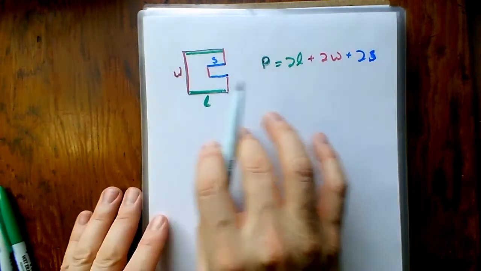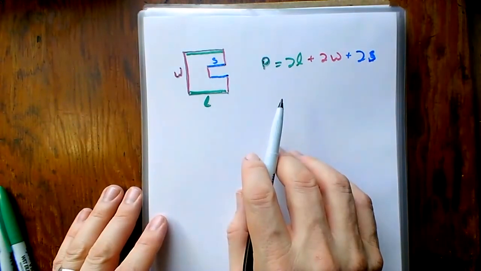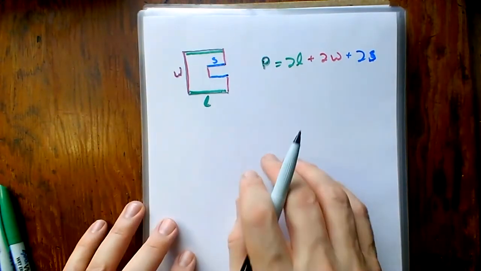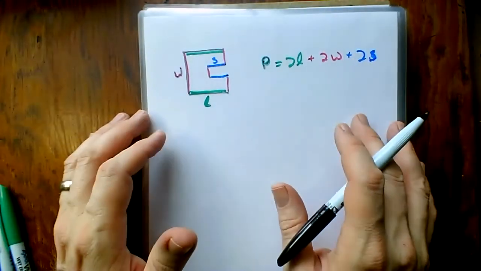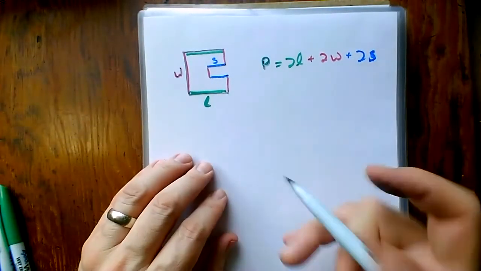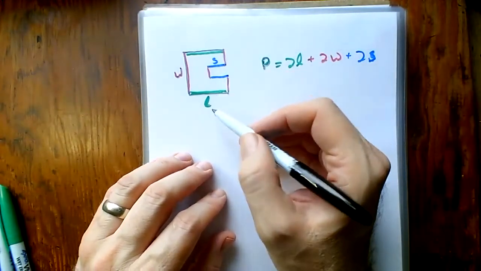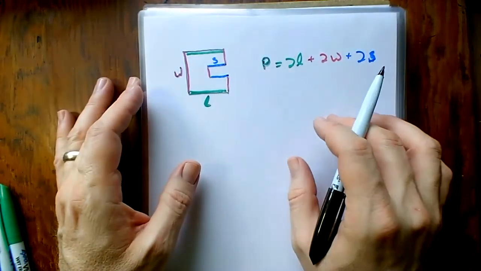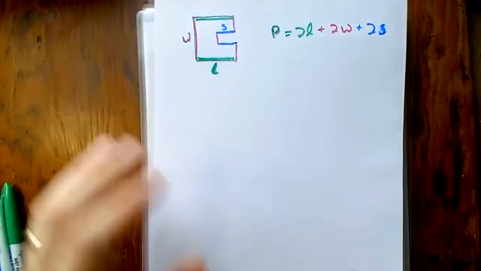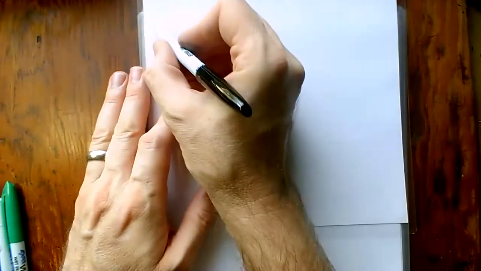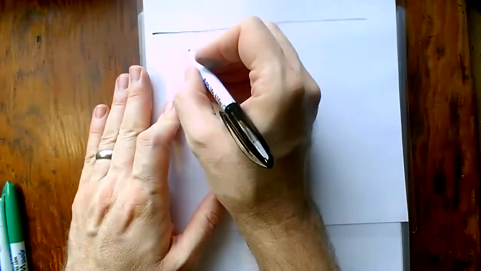Now, there's more than one strategy that works with something like this. I'll also point out, this is just some broad strategies that you can use to help you organize your data to help you find your perimeters a little easier. Other things, you're going to find some shapes that are composites of other shapes.